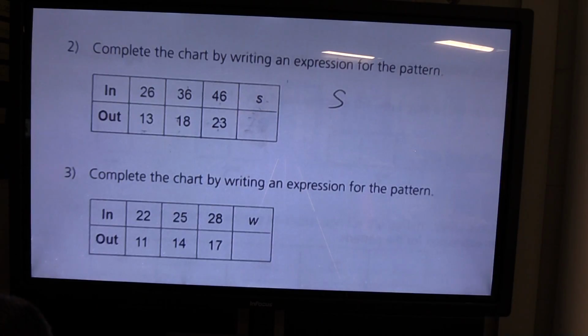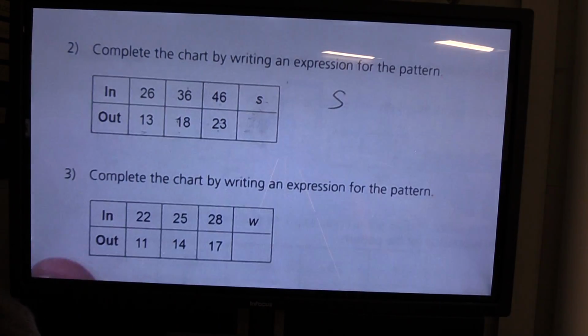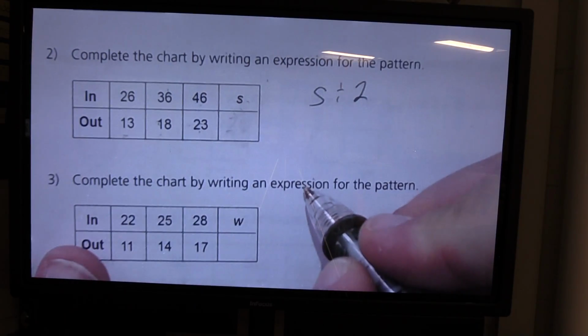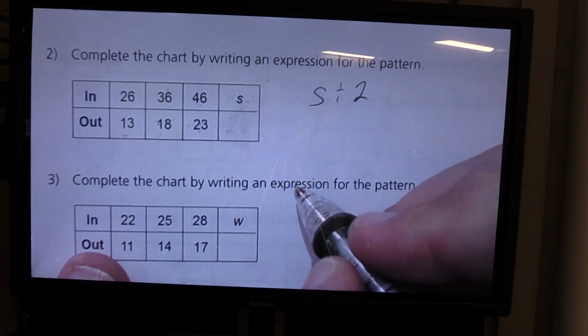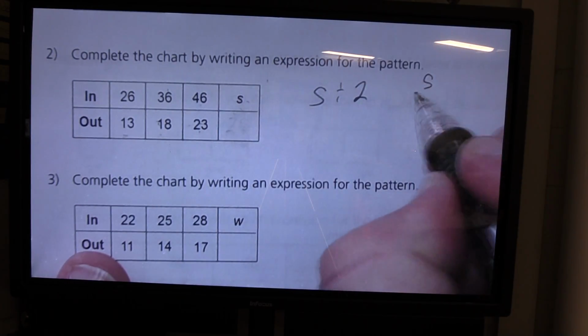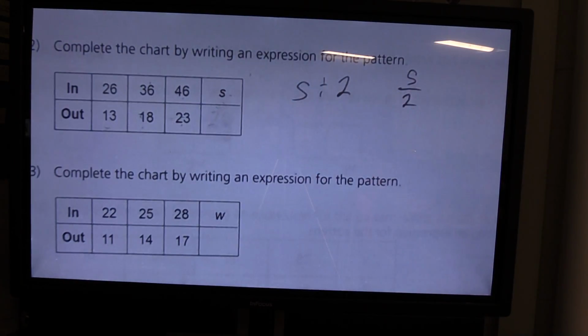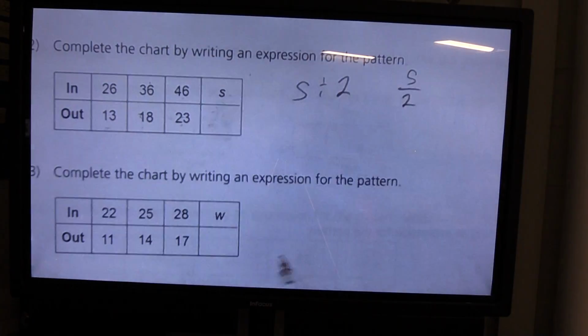S divided by 2. We divide it by 2. So we could say S divided by 2, and we could write that like this. Or we could say S over 2. We could actually say half S. Now, let's talk about how we can test this. Let's say that we know S is equal to, well, let's continue the pattern.